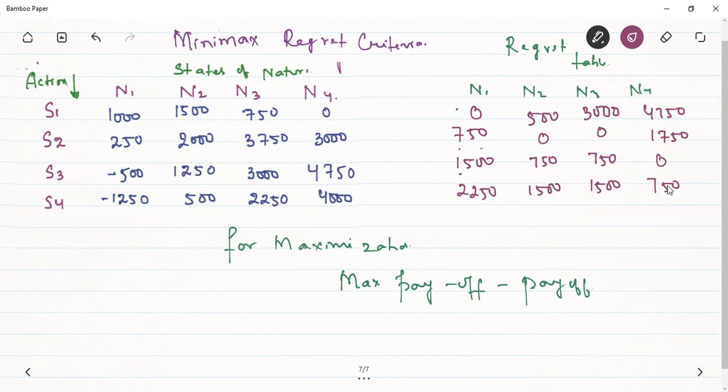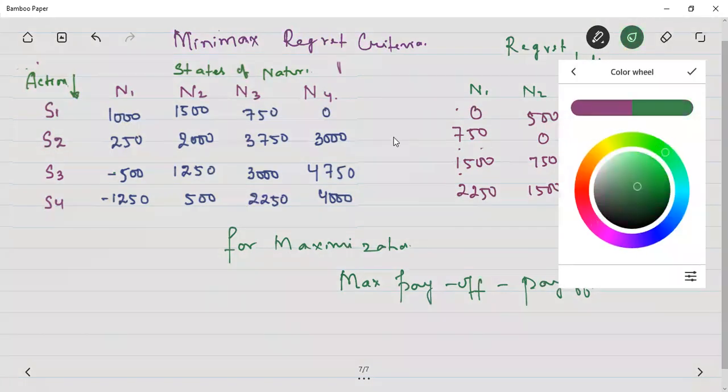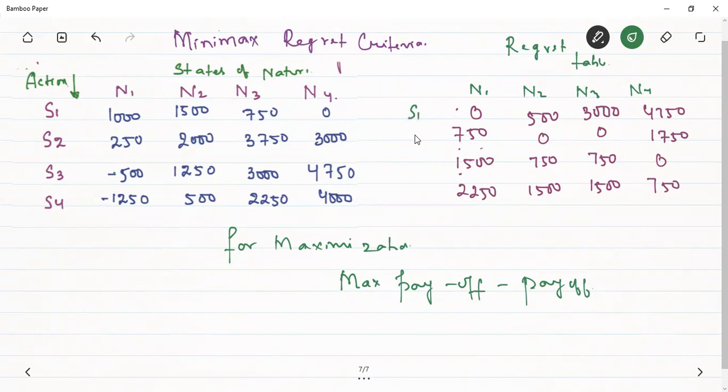Now for each course of action, we have to see the maximum regret. The first course of action is S1, the second is S2, the third is S3, and the fourth is S4.